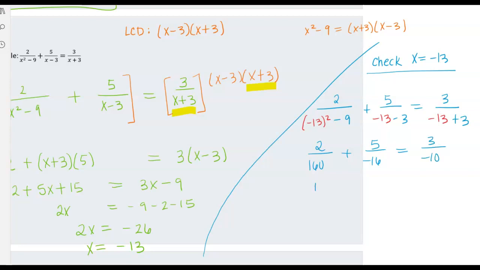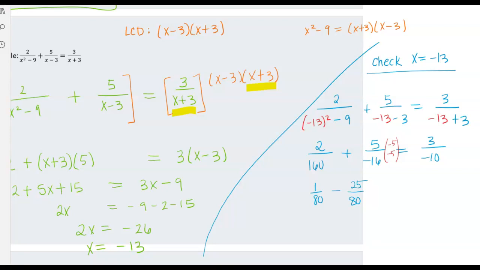This is the same as 1 over 80. If I change this second fraction to be over 80, multiply both things by 5 over 5. Let's do negative 5 over negative 5. We'll get minus 25 over 80.